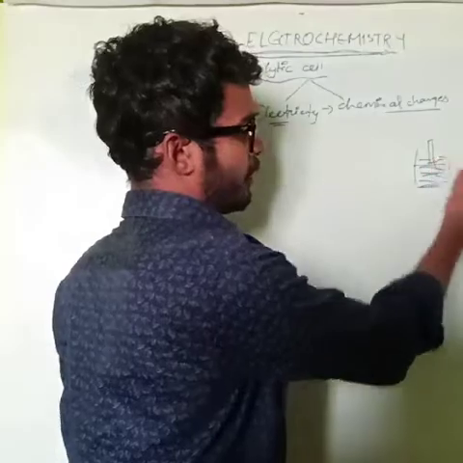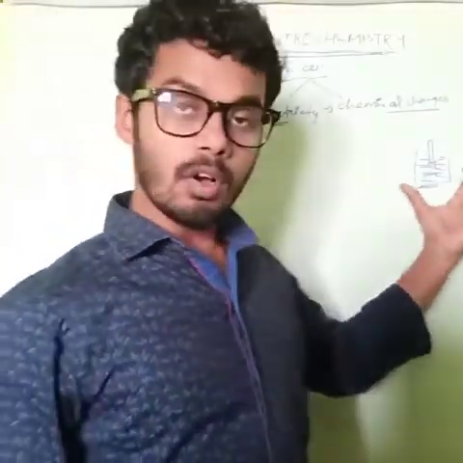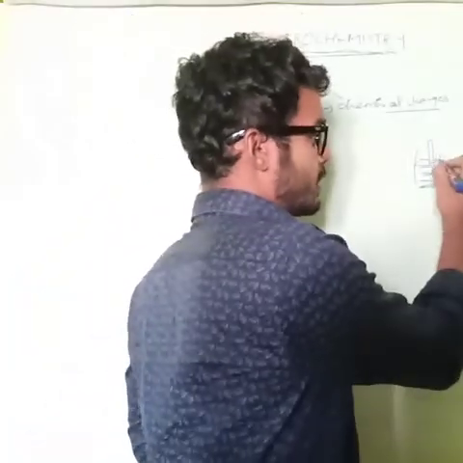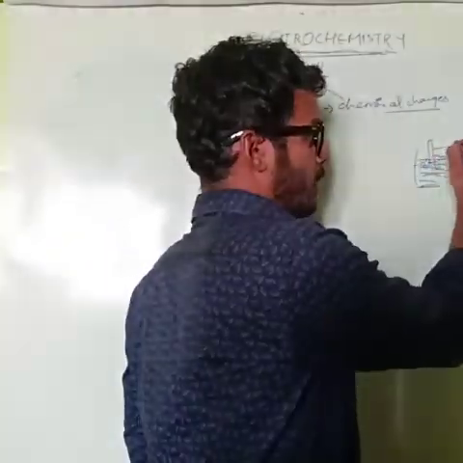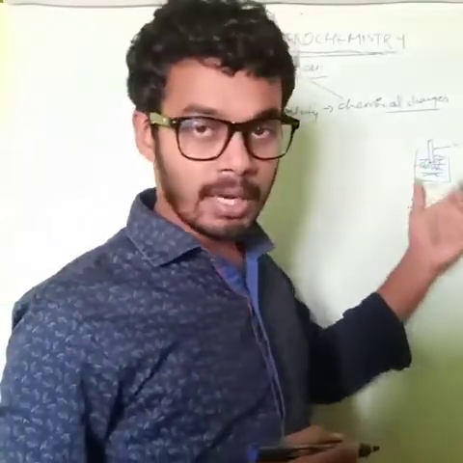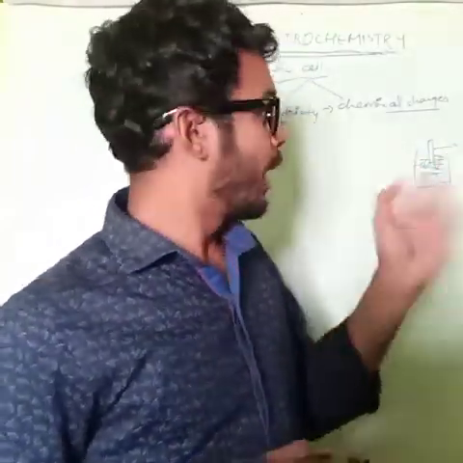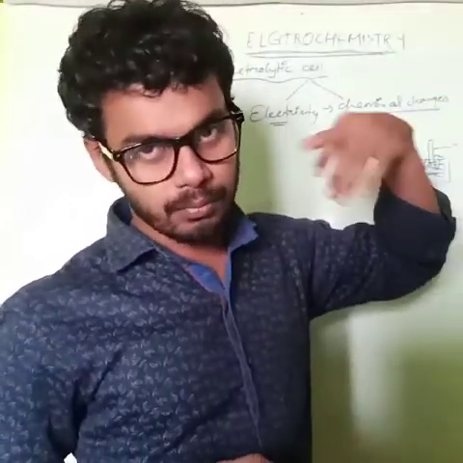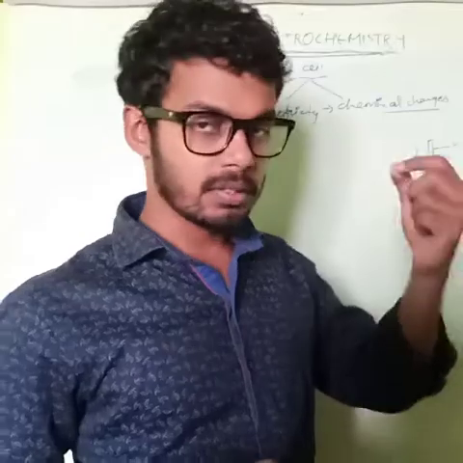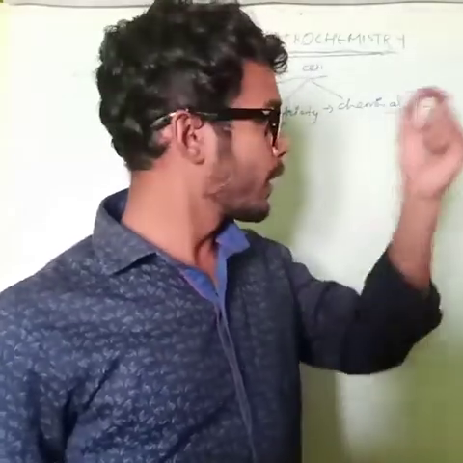In the case of the galvanic cell, the electrode gets oxidized in one half cell and produces electrons, and those electrons flow through the connecting wire to the other electrode, so the current flows from cathode to anode.